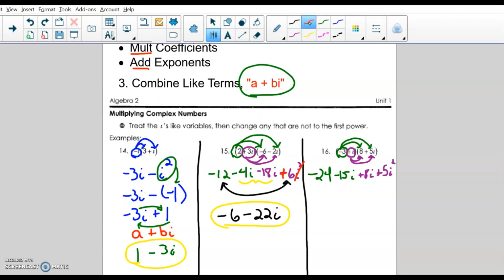So anytime we see i squared, it changes the sign of 5 to negative 5. At that point, the two terms in the middle and the two terms on the outsides can combine. So we can combine those like terms. For a finished product, negative 24 minus 5 is negative 29, and negative 15i plus 8i is negative 7i.